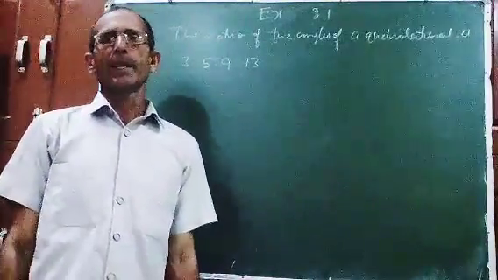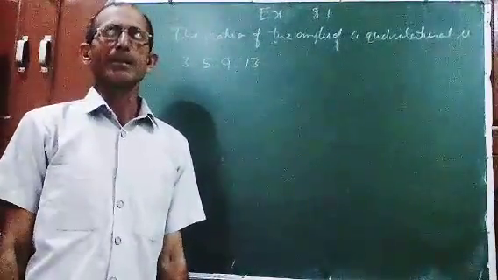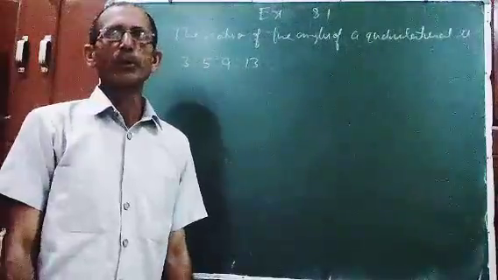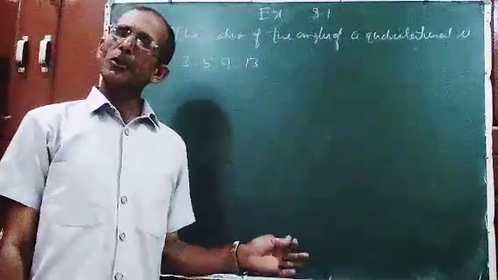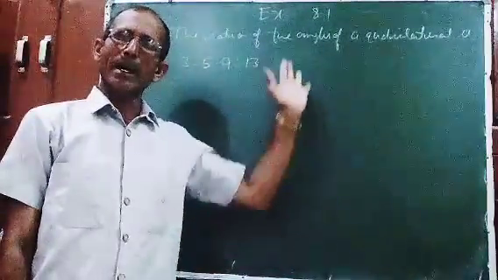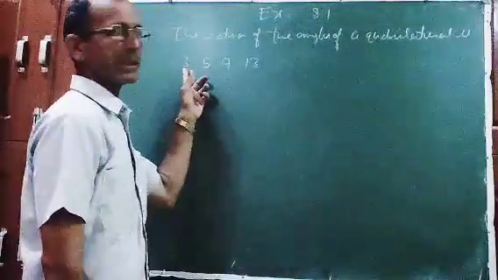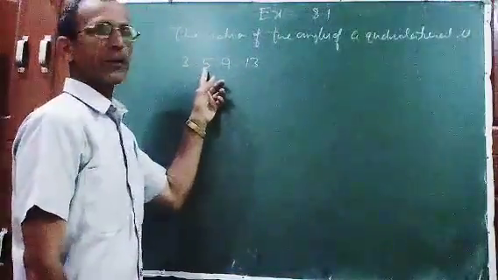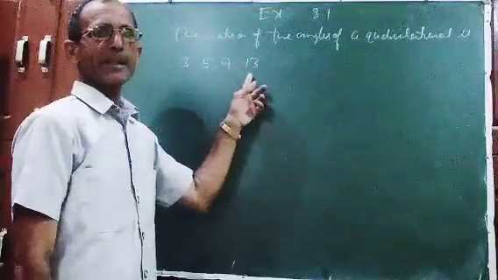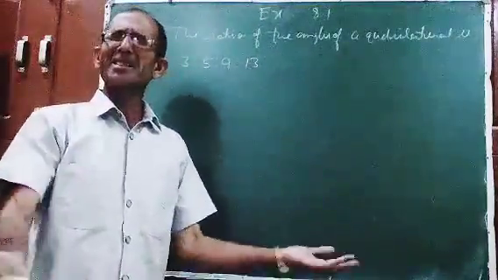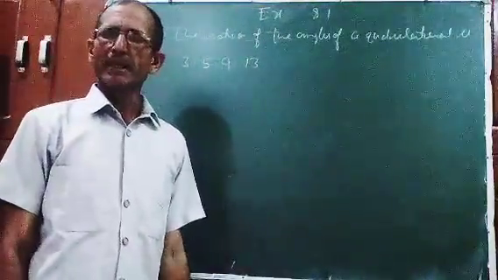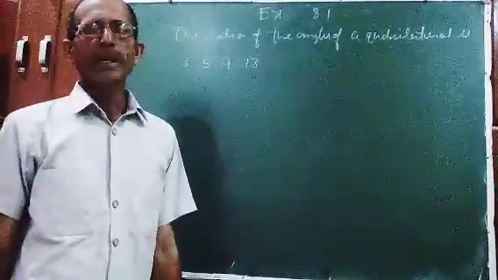I think every student knows this, and in earlier classes also I told you: if a ratio is given, you can assume the accurate measurement. So let the first angle be 3x, second angle 5x, third angle 9x, and fourth angle 13x. This is the accurate measurement, and we have to find the value of x.